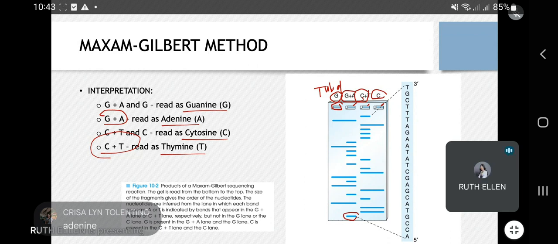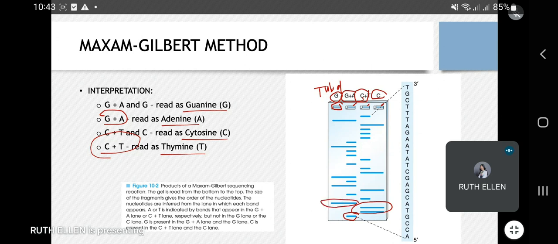Okay, it's adenine. Okay? Next, for the two bands, we have a band present for both cytosine and thymine and cytosine. Okay? So ano yung nucleotide present natin? Cytosine. Okay, cytosine.